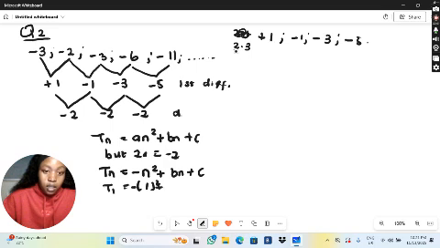Plus b plus c. Okay, this is then equal to negative 2b plus c.